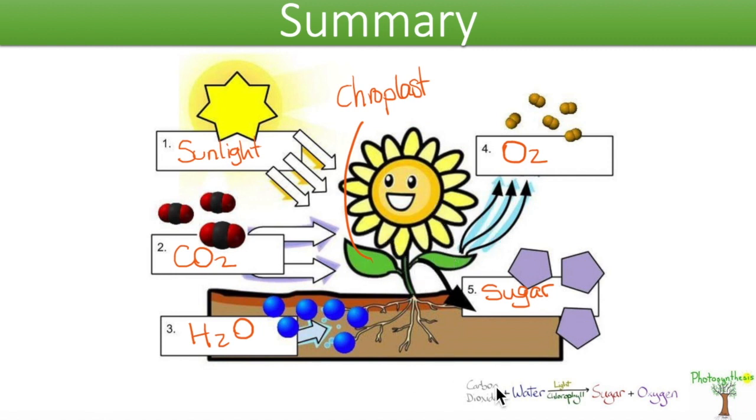So we get carbon dioxide plus water, with the energy from the light, gives us sugar and oxygen. And that, my friends, is photosynthesis.